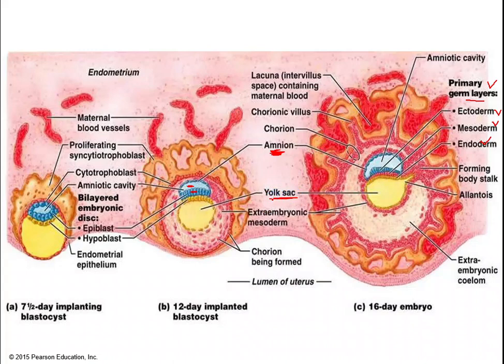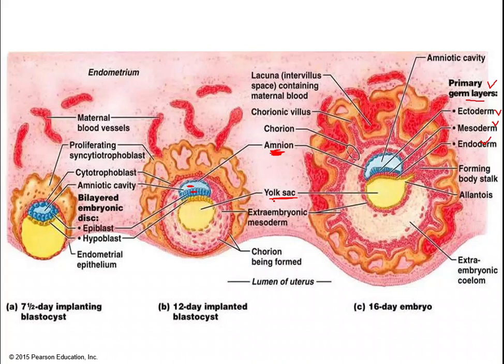Now, the yolk sac at this stage is the primary source of nutrient for the embryo at this early stage. But after the placenta takes over in providing the nutrients, the yolk sac will reduce in size. And it will also serve as the first site of hematopoiesis.